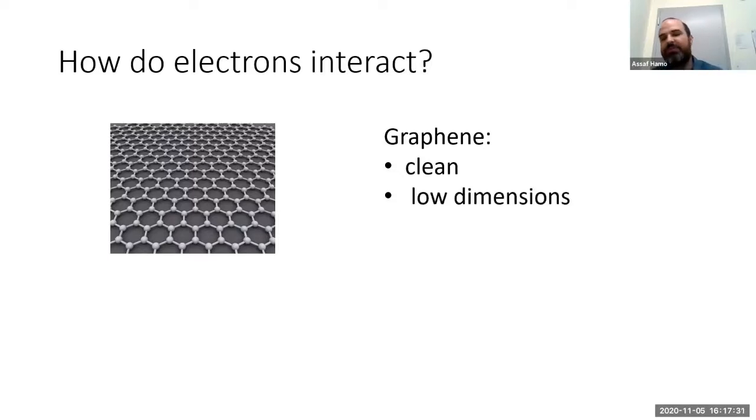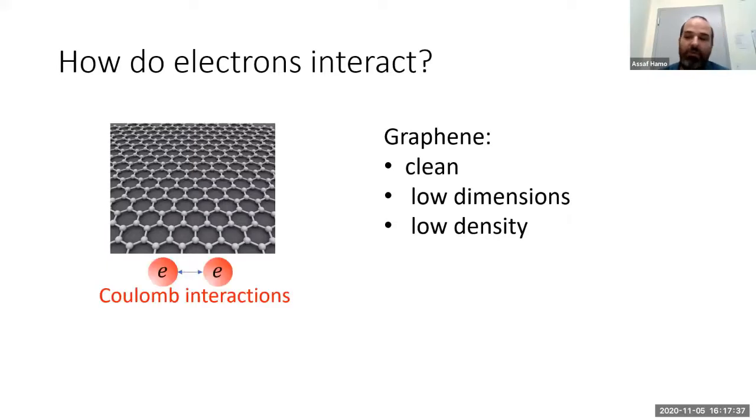But the two other properties of graphene, the fact that it's two-dimensional and the fact that you have low density of electrons, can allow for strong Coulomb interaction in the system. So not only can you reduce the interaction with the lattice, you can also get strong interaction between the electrons. And this is possible using Coulomb.